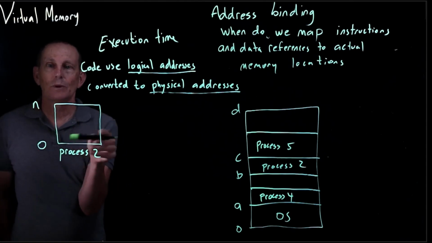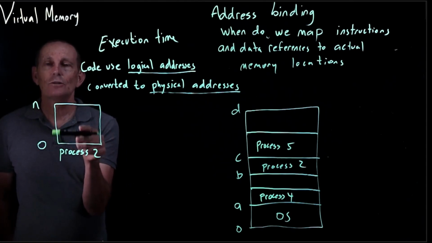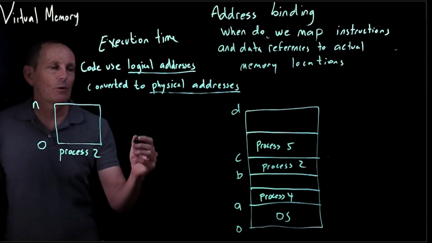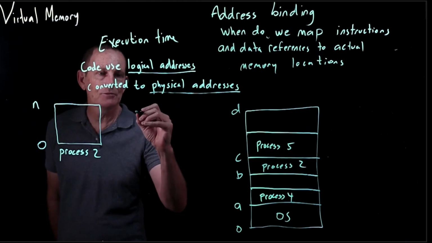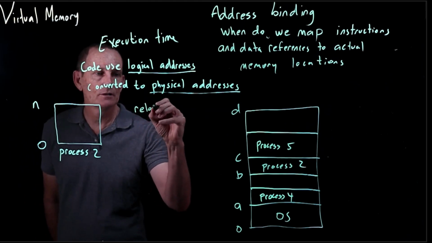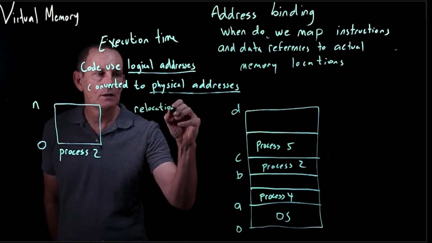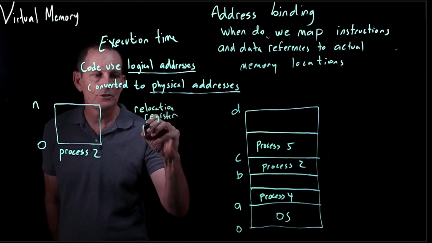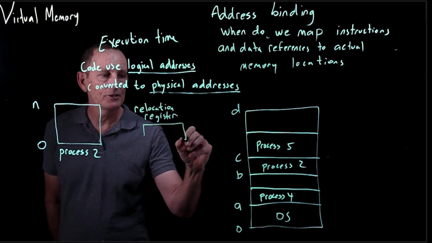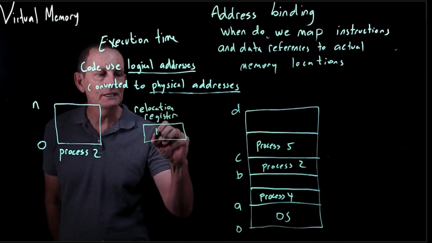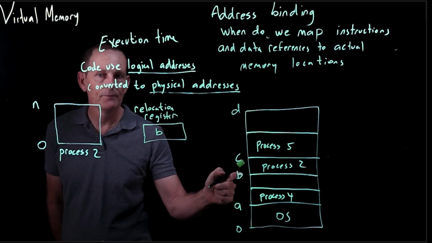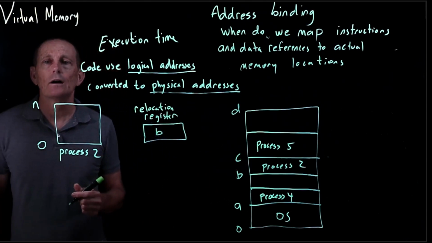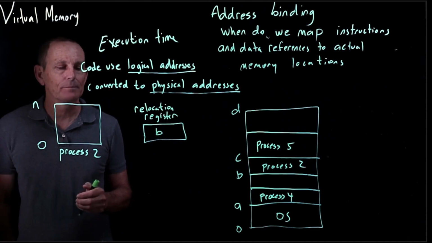So it's going to be compiled and linked such that as soon as it gets loaded in this area of memory, we'll have this relocation register. And the relocation register is going to have a value of B, this B here. That is the base of where our process actually gets loaded into memory.